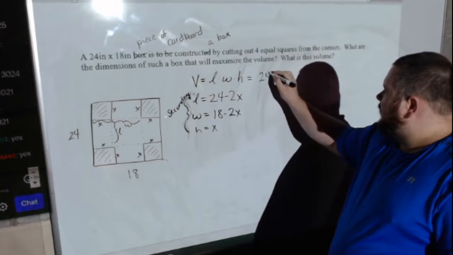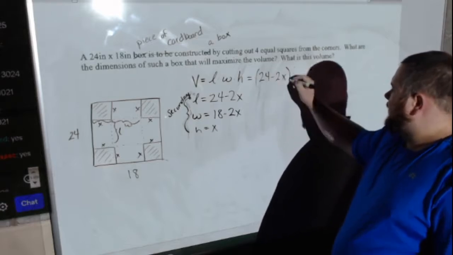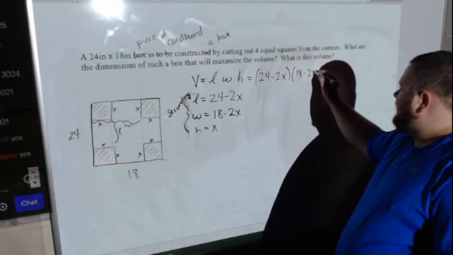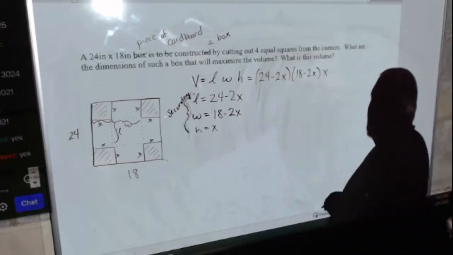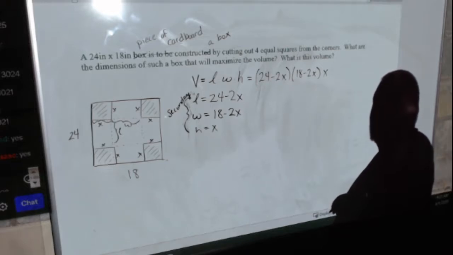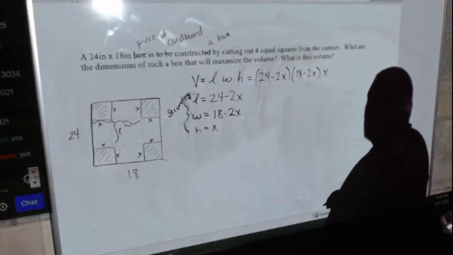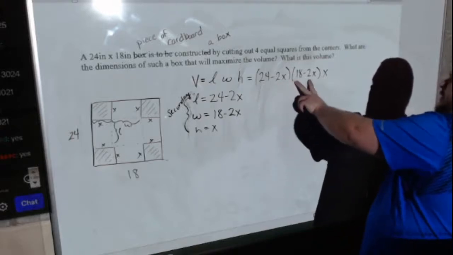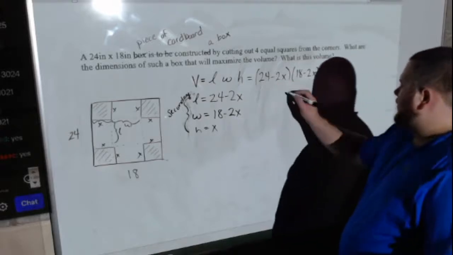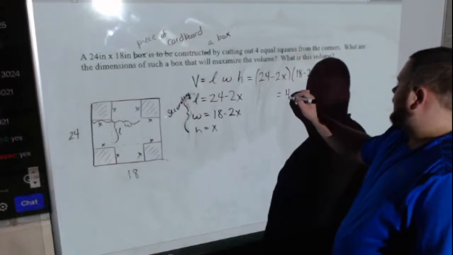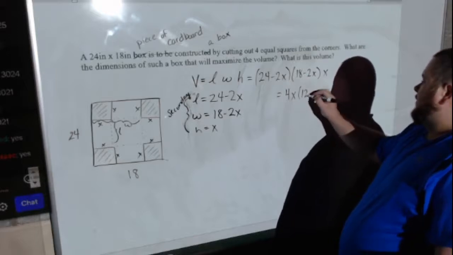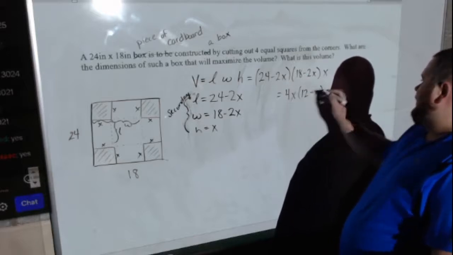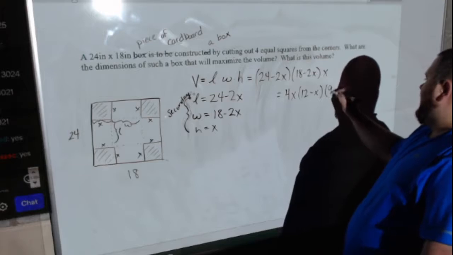So this is 24 minus 2x, 18 minus 2x, and x. I notice there's a 2 in common everywhere, so I'm going to pull that out of this and this. So this is 12 minus x, and this becomes 9 minus x.